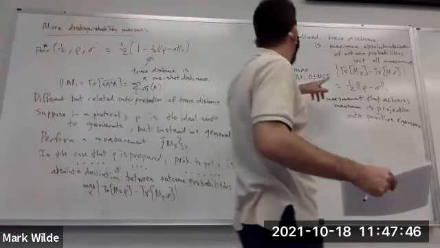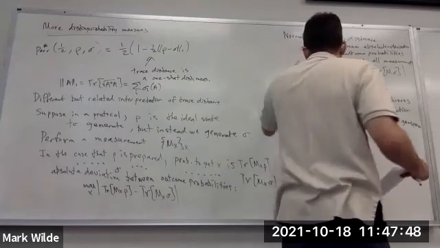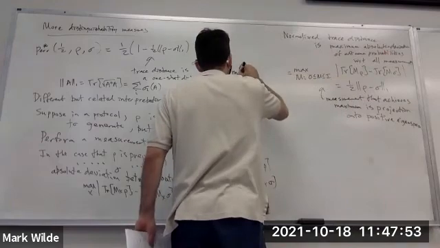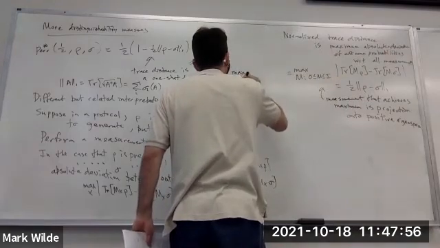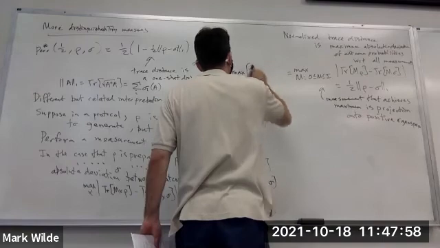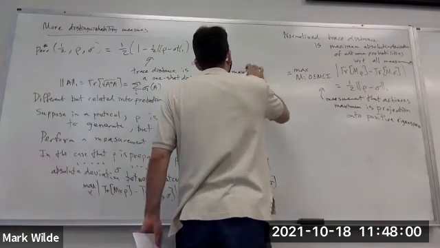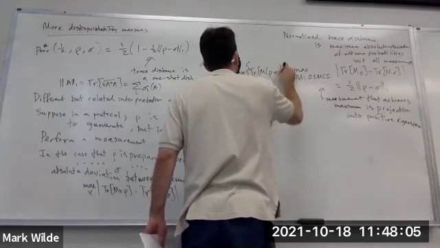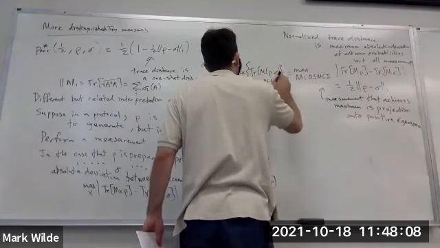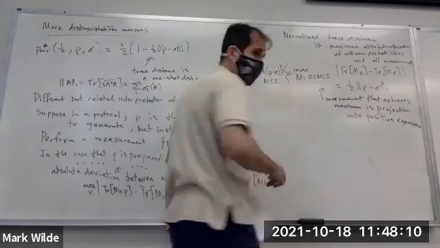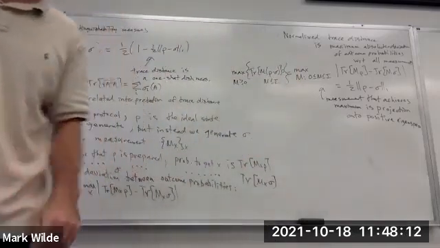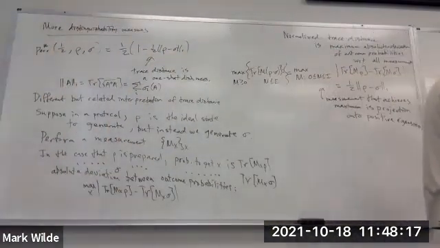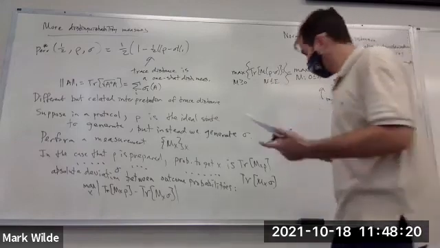You can also prove that the absolute values are not needed. And then when we have that, we get a semi-definite problem. So the trace distance can be written as a semi-definite program, which is nice. And it has an interesting dual, which is very simple.